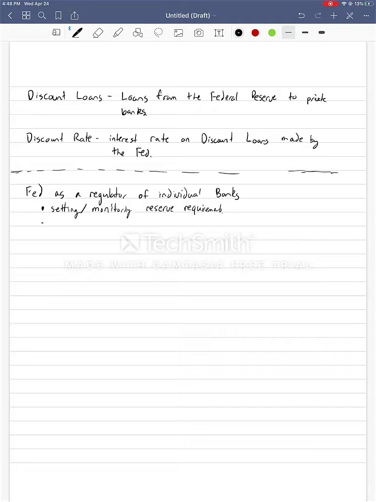And also, they monitor the balance sheets of banks, with an eye towards limiting the riskiness of assets that banks hold.